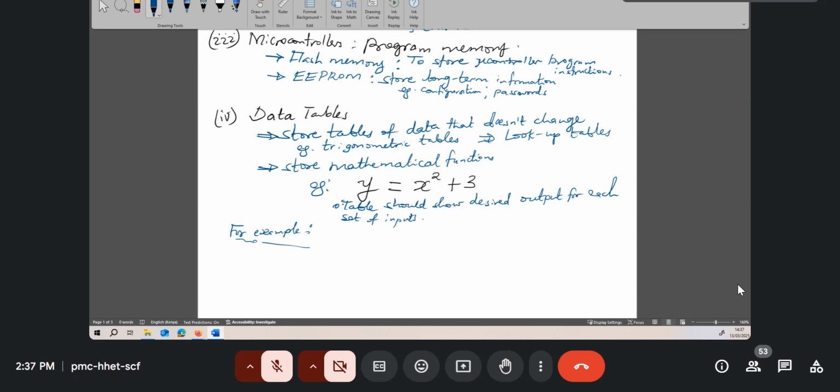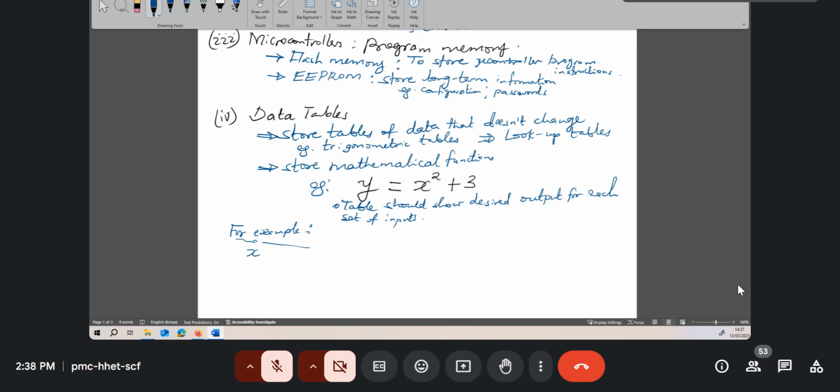Of course, as I have said, x can be anything, but for simplicity in terms of demonstrating, we can limit the range of x.